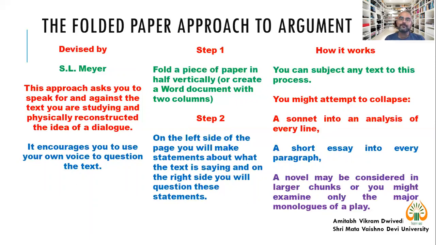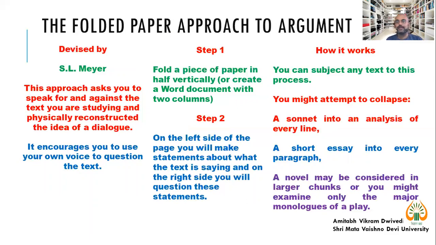So technically, with the folded paper approach, you can take any text, you can subject any text to this process. And even if it is a poetry like a sonnet, you can write each line on the left hand side, and on the right hand side, you can question the line, you can give your voice to that line.